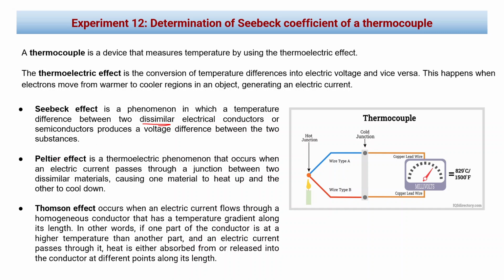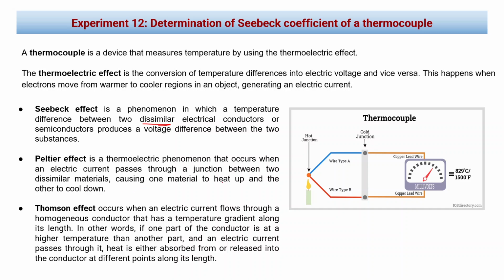Now there is a reciprocal of it, which is the Peltier effect. The Peltier effect is a thermoelectric phenomenon that occurs when electric current passes through a junction between two dissimilar materials, causing one material to heat up and the other to cool down.